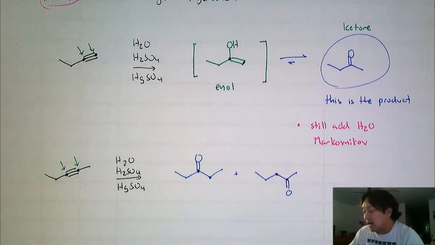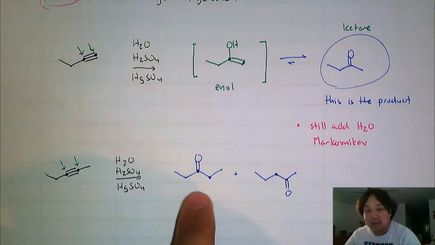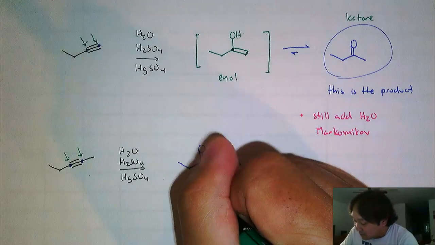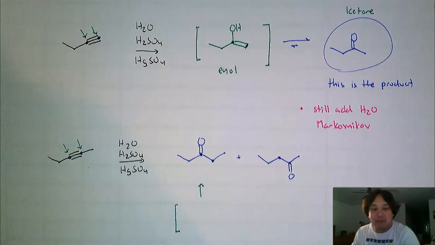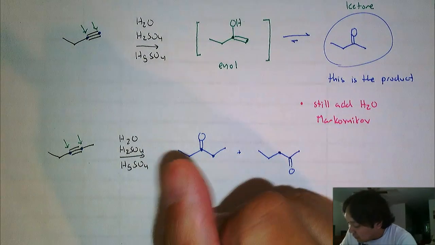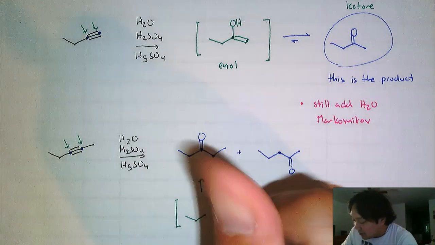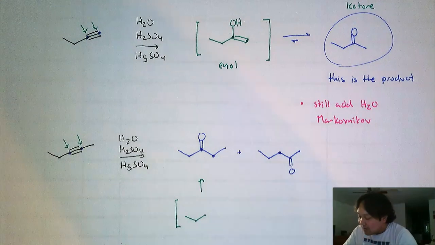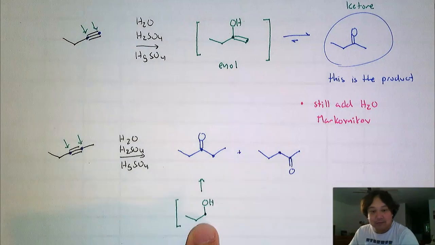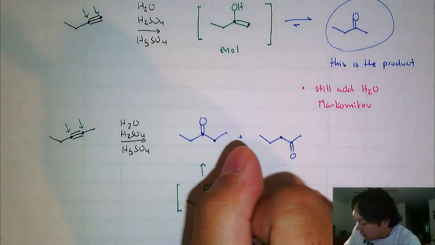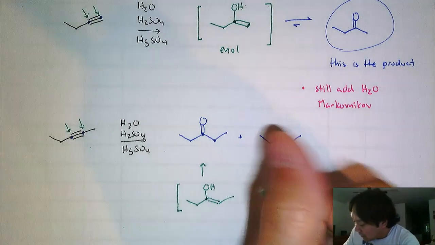Now, I can ask you, what enol did this come from? That could be a part B of the problem. Well, the enol that made that ketone was this. The oxygen was on this carbon right there, so the enol would look like that.